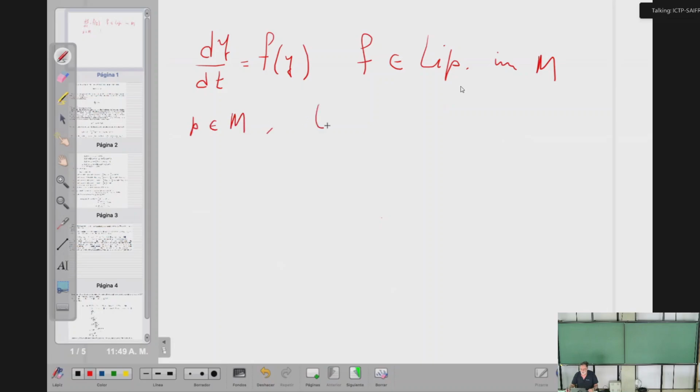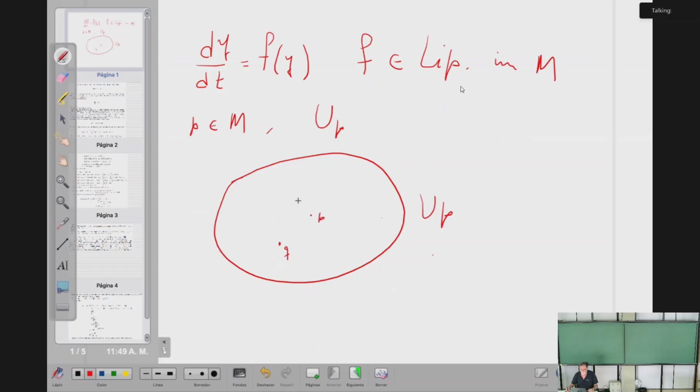there exists a neighborhood of this point P, UP, and an interval in the reals Y, such that given any other point Q in UP, there exists a solution going through Q and having as interval of definition the Y interval.